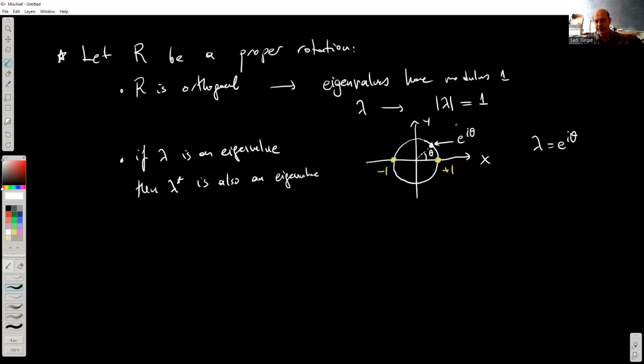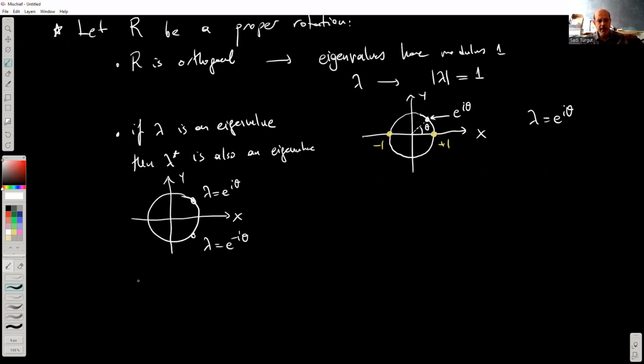So that means if this matrix has an eigenvalue e to the i theta, then it also has an eigenvalue e to the minus i theta. On this complex plane, if lambda equals e to the i theta is an eigenvalue, then lambda equals e to the minus i theta is also an eigenvalue.